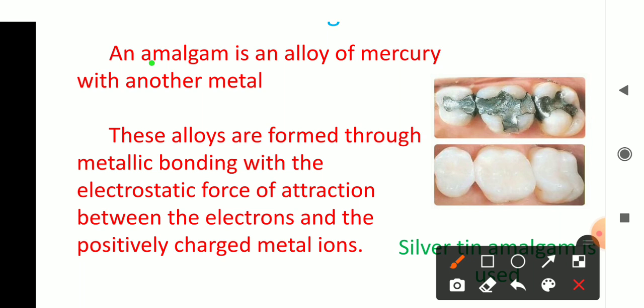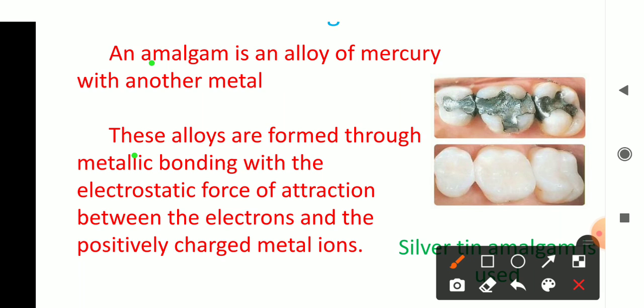When a metal is mixed with, or alloyed with mercury, we get an amalgam. Is it clear? Now read here. These alloys are formed through metallic bonding. It's given about the bonding between the mercury and the metal. What kind of bonding exists? There is a metallic bonding between the amalgamated particles.